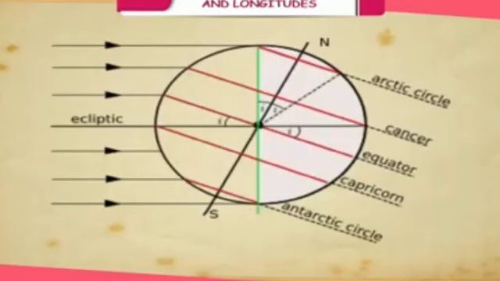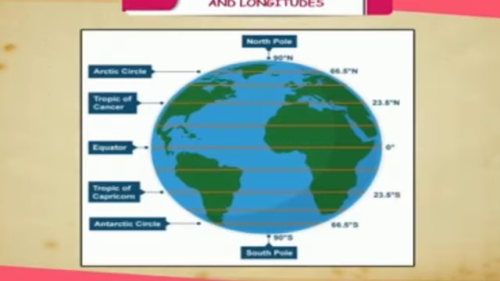Now we read about some important parallels of latitude. Besides the equator 0 degree, the North Pole and the South Pole, there are four important parallels of latitude. First, Tropic of Cancer, 23.5 degree north in the Northern Hemisphere.